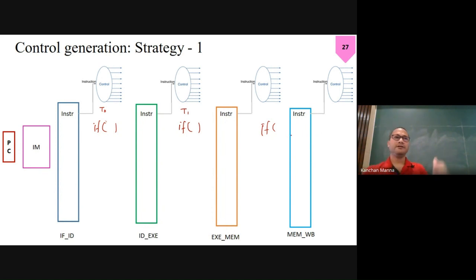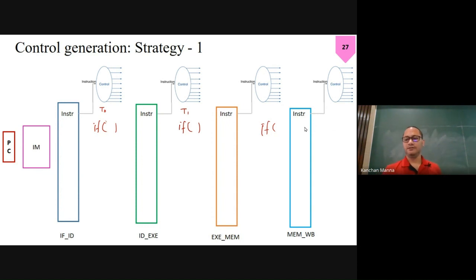Is there a better way to generate control signals? Because every time, if we have 5 stages, 5 conditions would be checked. So let's say we consider the single cycle strategy. During the single cycle strategy, we generate all the signals.